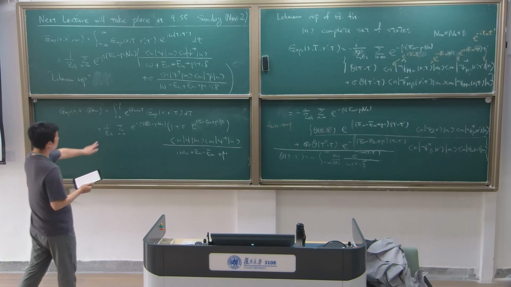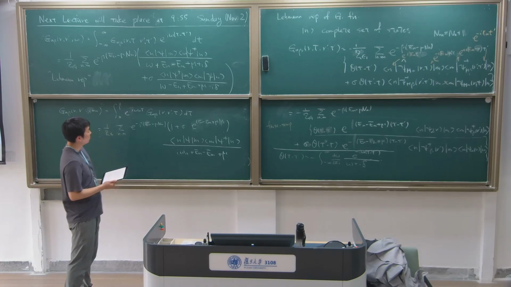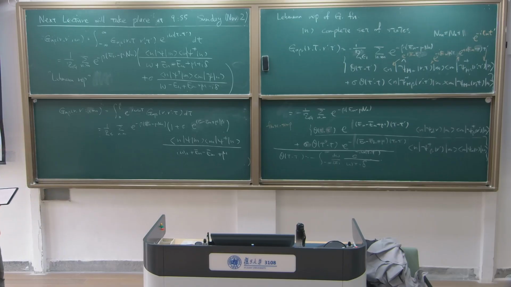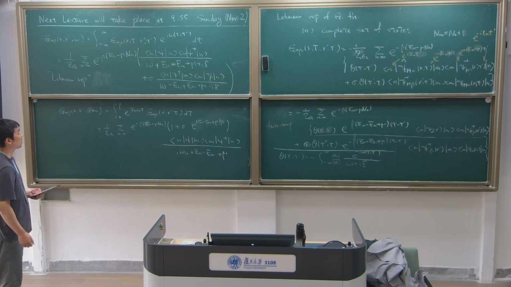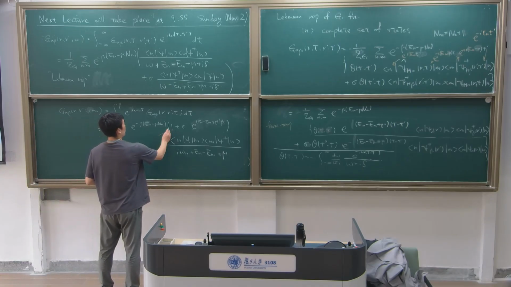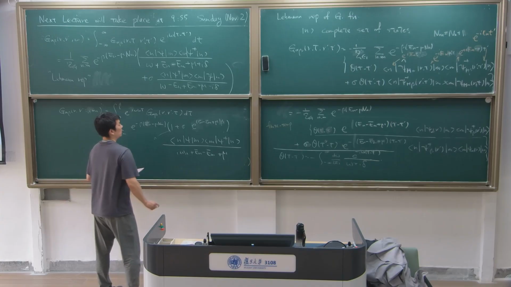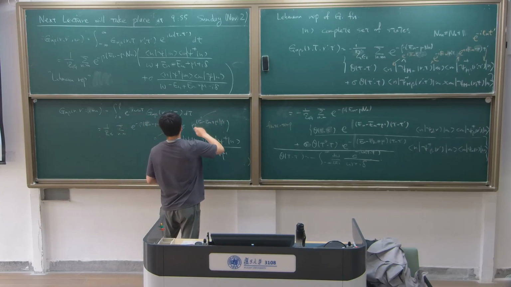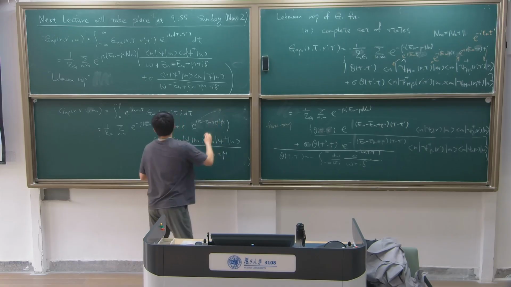Sorry, I think I made a mistake. There's no minus sign. So basically, note that this one is coming from 0, and this one is coming from alpha n.